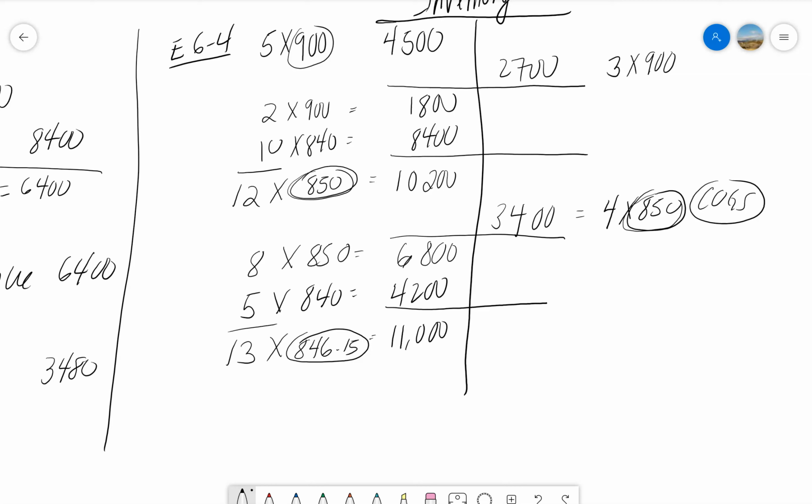Now, the textbook says to round all amounts to the nearest dollar. So if we were, let's say, maybe doing this on my accounting lab, we would just round this to $846. But that's an example of the moving weighted average cost method. We have to calculate a new average cost every time we make a new purchase.